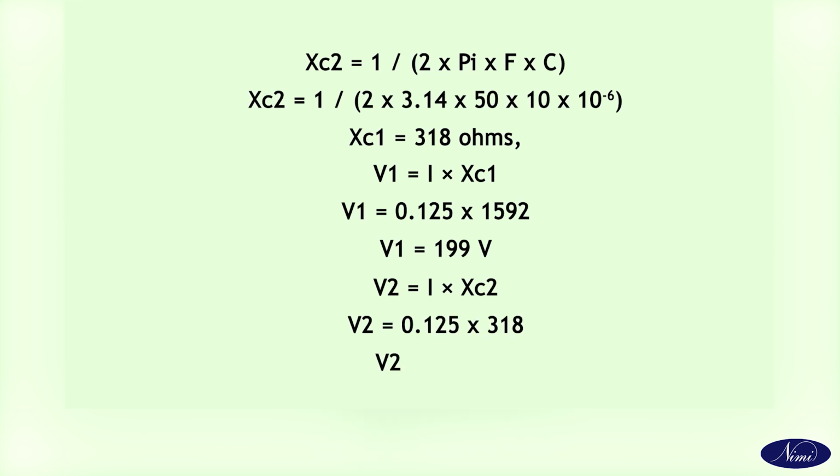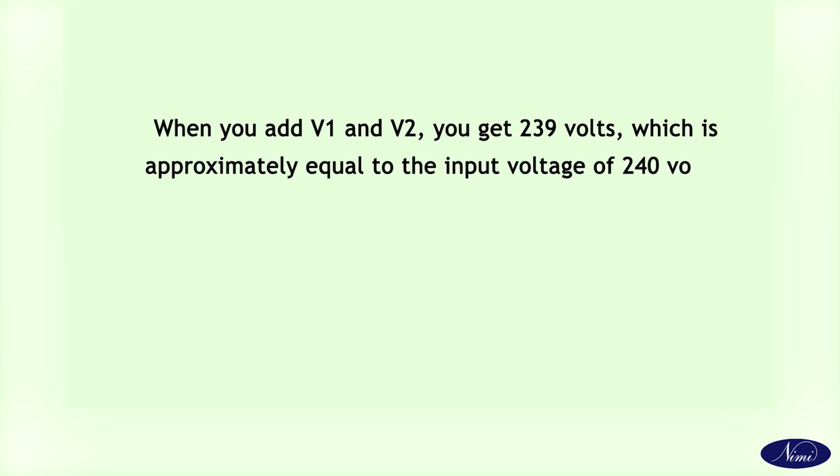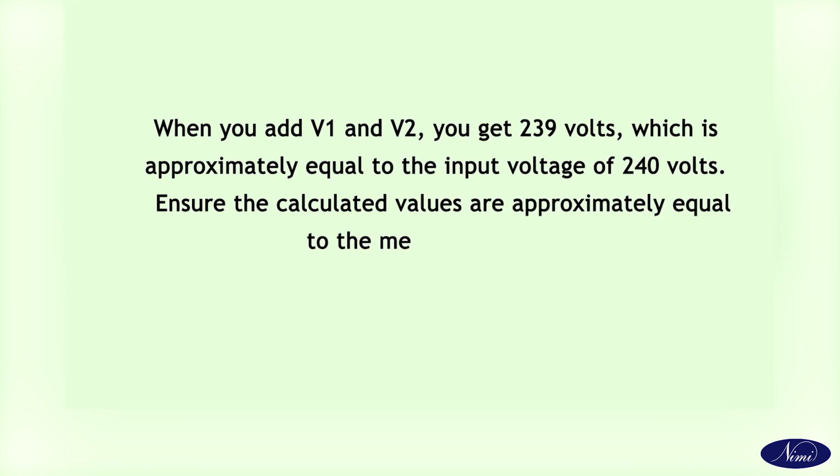V2 is equal to 39.5 volts. When you add V1 and V2, you get 239 volts which is approximately equal to the input voltage of 240 volts. Ensure the calculated values are approximately equal to the measured values.